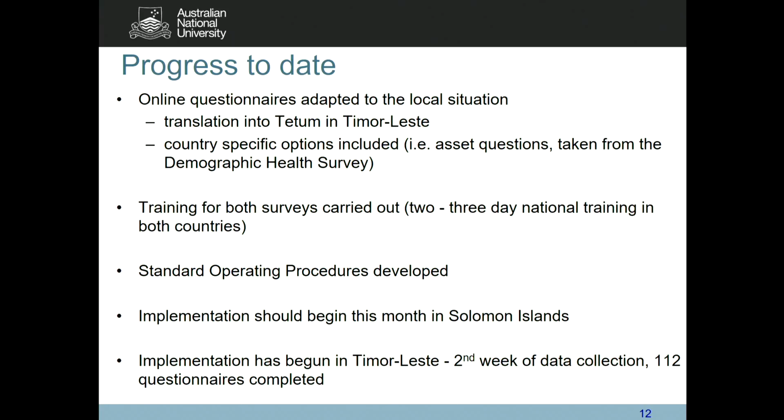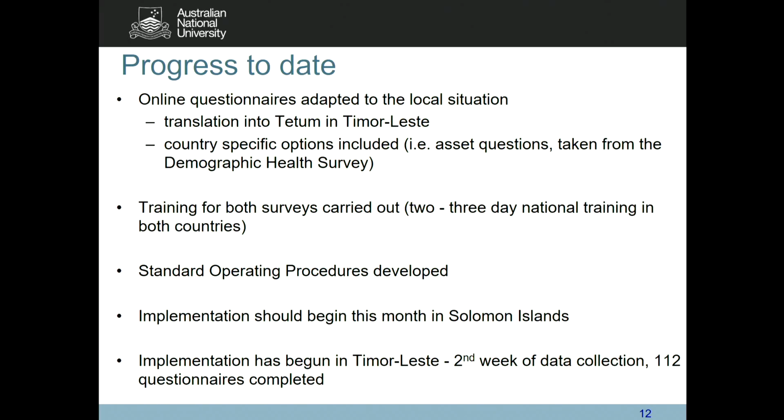So we had to adapt those online questionnaires to the local situation though, and we did translate one questionnaire into Tetum in Timor-Leste. The Solomon Islanders were happy to have the questionnaire in English. We had to do some country-specific options in the answers to the questionnaire. So for example, some of the asset questions have to be tailored to the country situation, and we took those from the demographic health surveys that have been carried out in those countries.